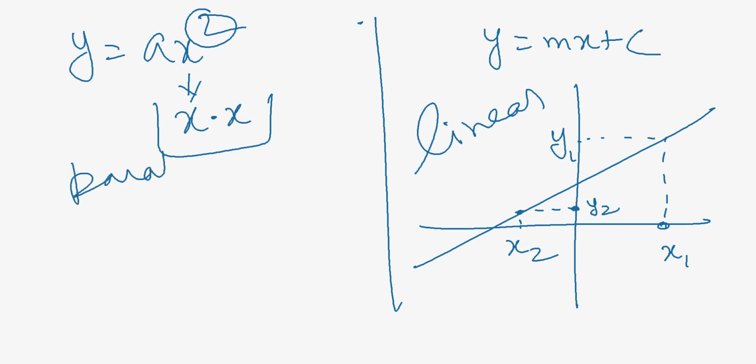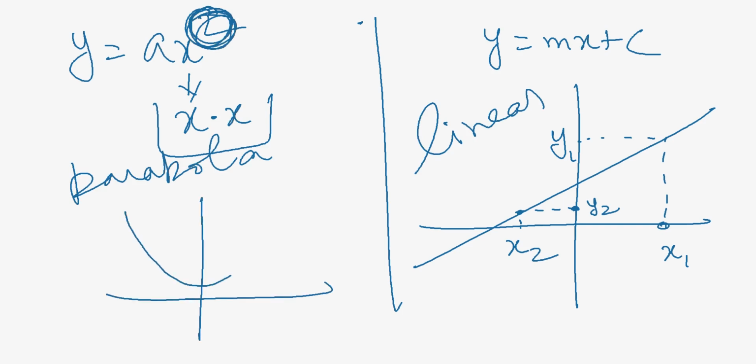But in a parabola, the highest power is a 2, and depending on whether it is on the x or the y, that tells us how the parabola will look. It will be an inverted u or a u. If you take any particular value of x, you go and meet it and it will have only one value of the y.